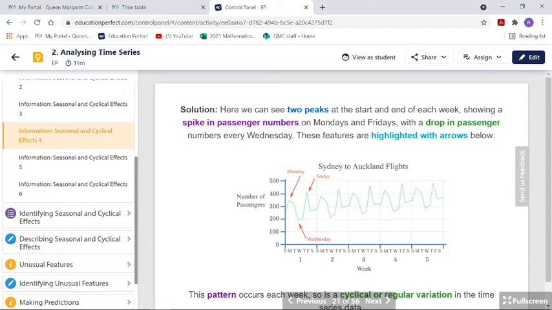Notice that the amount of flights goes up on Monday, goes down on Wednesday, and then goes really high on Friday. Right? There you go. People are going home from work. So they're going to their work on Mondays and Tuesdays.